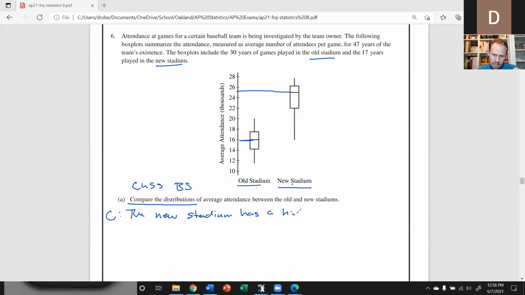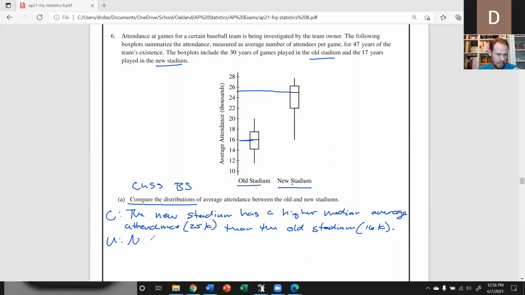It's kind of weird because they're doing the average attendance, and this is the median of the averages. The new stadium's was about 25,000, than the old stadium, which was about 16,000. All right, unusual: nothing unusual. No outliers for either, so nothing unusual.